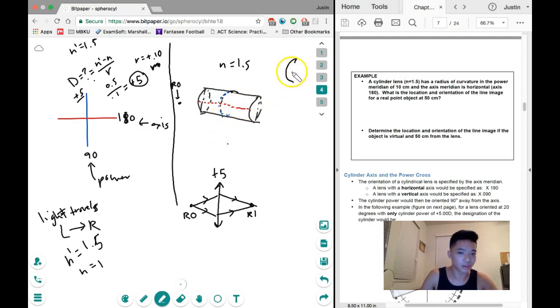But just because it's like that doesn't mean it's positive, because the index of refraction actually matters. So forget what I just said. Anyway, we see that this blue thing is curved, so that's your power meridian. And then the axis meridian: this is a cylinder, so D equals 0.